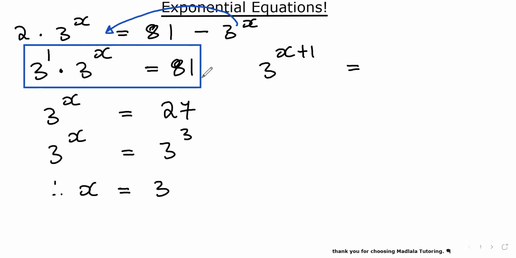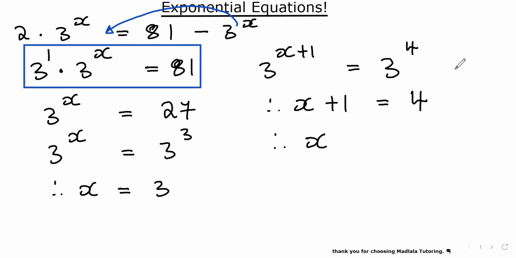Well, 81 can be written in exponential form to base 3, and it is simply 3 to the power 4 like that. And once again, you say, well, if the bases are the same, then it means the exponents must be the same as well.